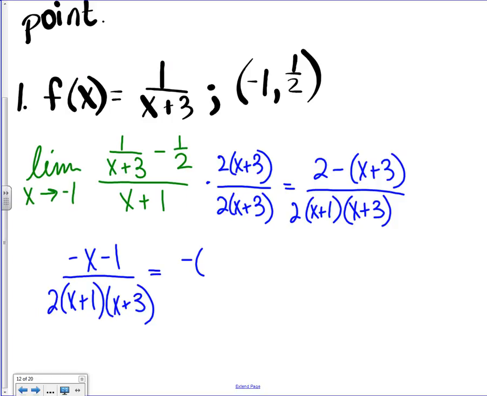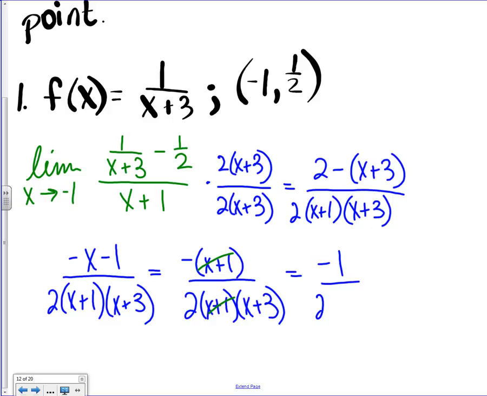Take out a negative. And reduce. And then when you plug in your value there, it should give you a slope of negative 1/4.